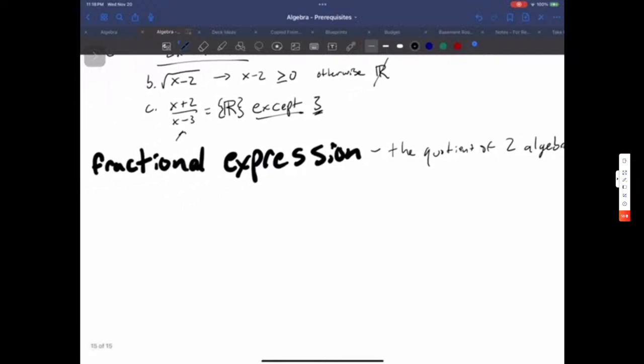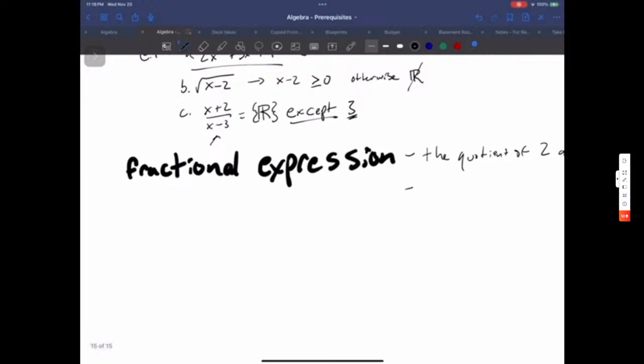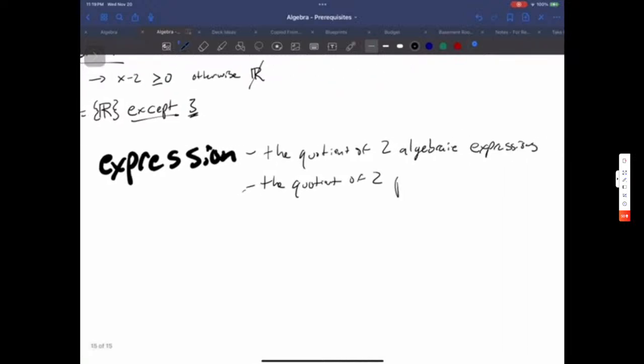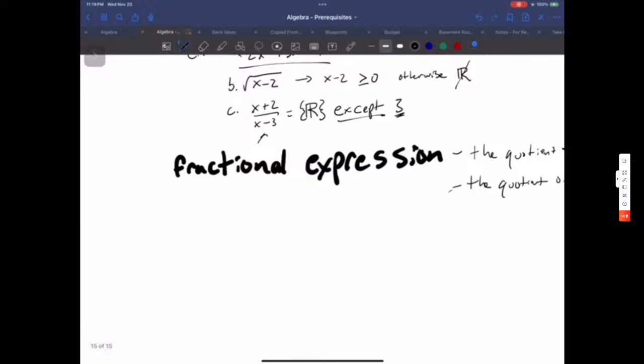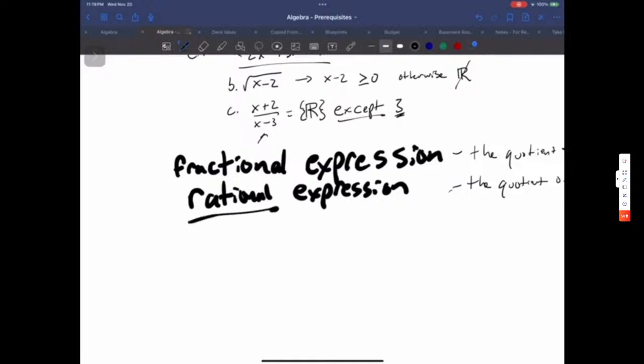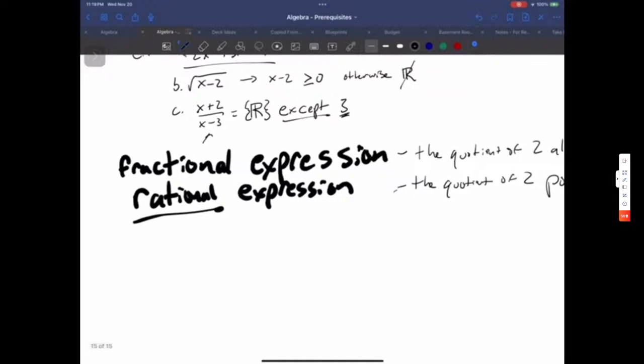The quotient of two polynomials is called a rational expression. Remember, like we said in P.1, the reason that we use the term rational is because it is a ratio of two polynomials.